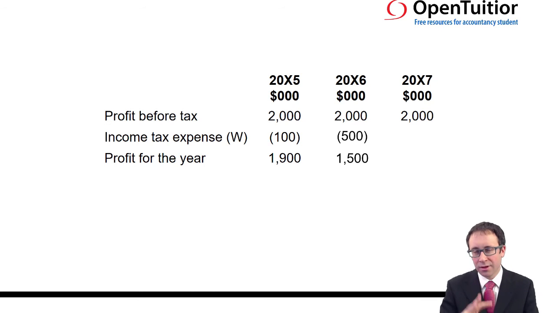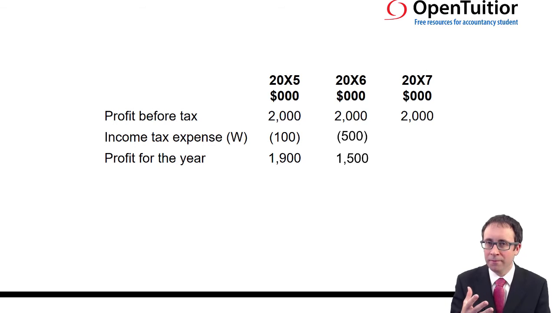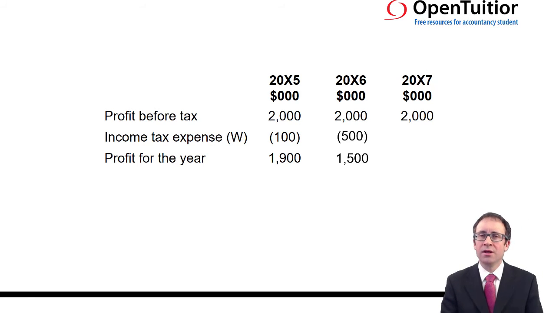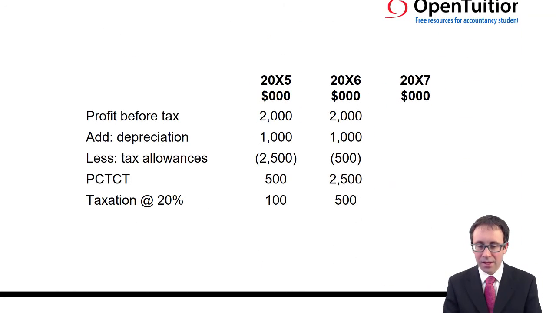Okay, I'll leave it for you to have a look at now whether we've got a problem. Okay, if there's something that doesn't just look quite right about my profits for the year. If you've got it, great, hold on. For those of you who haven't yet seen the issue, let's look at 20x7. 20x7, profit before tax of 2,000, depreciation of 1,000.